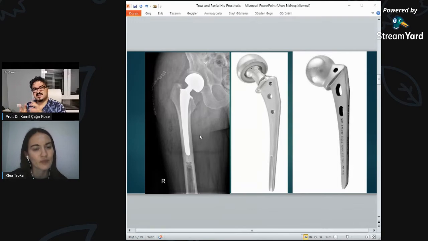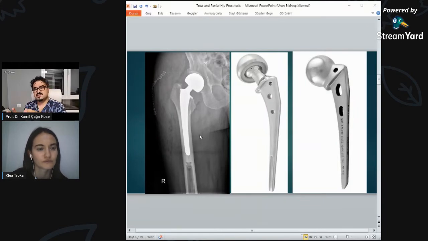As we know, cement itself, although it's a very useful material used in orthopedic surgery, we use it in many surgeries, in spine surgery as well. But cement, the liquid which we dilute the cement with, can cause vasodilatation, and this can cause some problems in very elderly patients who have some cardiac problems.